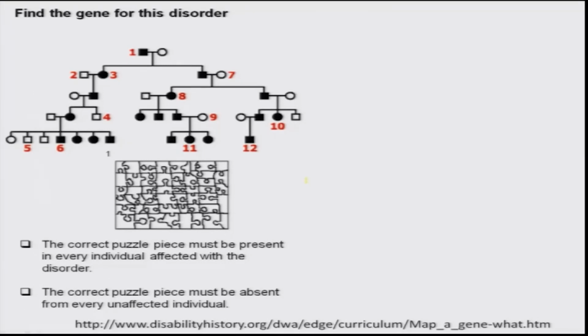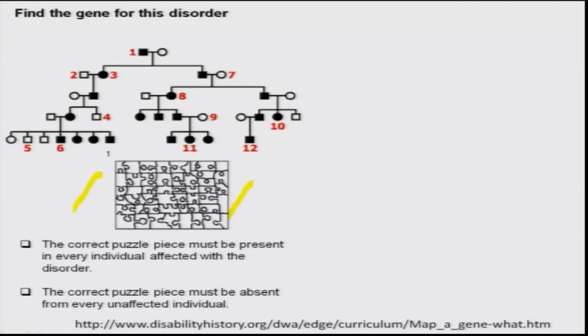Assuming that what is shown here is the genome, and each one of the pieces is a different gene that the genome has, you need to identify which piece of this particular puzzle could possibly be carrying the gene that is defective and causing the disease. So, how do you go about doing it? The correct puzzle piece must be present in every individual affected with the disorder.